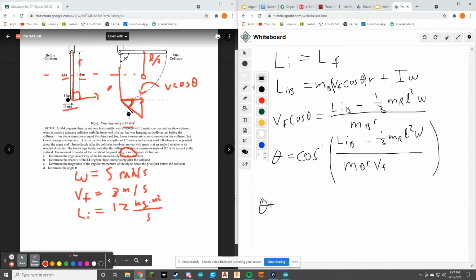If we plug all that in, we have 12 kilogram meters squared per second minus 1/3 mass of the rod, 3 kilograms, length 1.2 meters squared, and the angular velocity we noted, 5 radians per second.